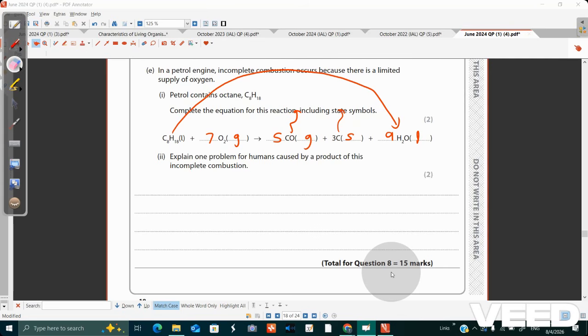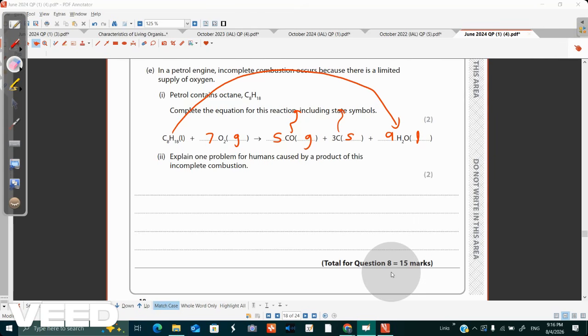Explain one problem for humans caused by a product of this incomplete combustion. Right, one problem for humans: carbon monoxide is released. Carbon monoxide is a poisonous gas, right?